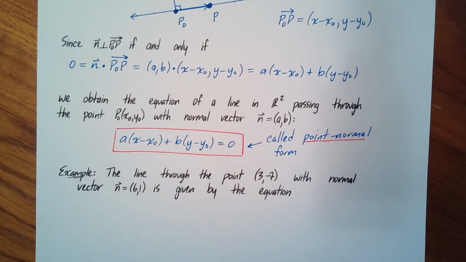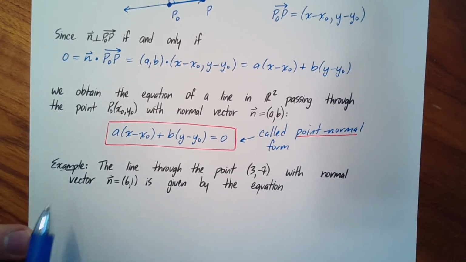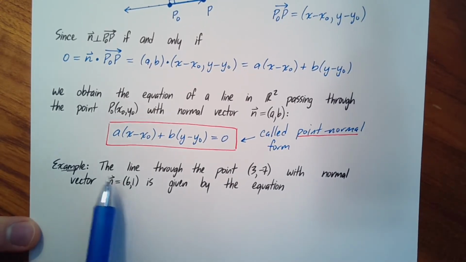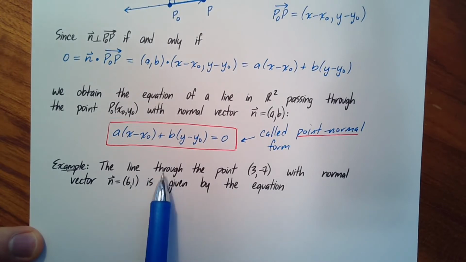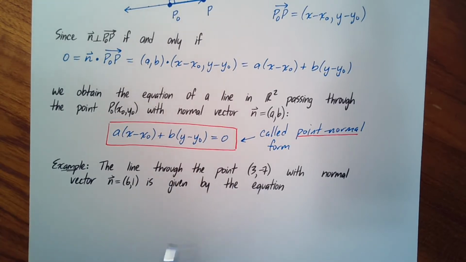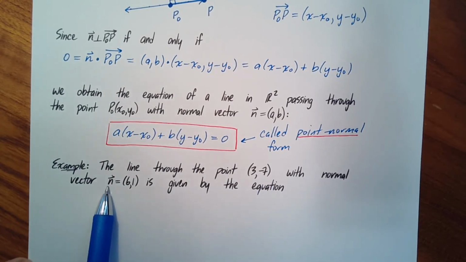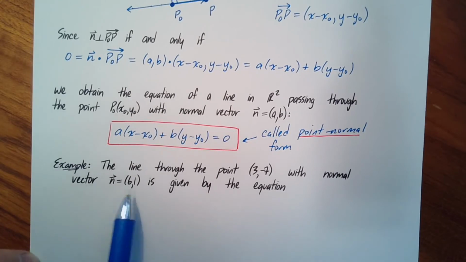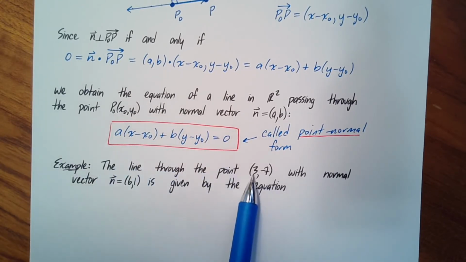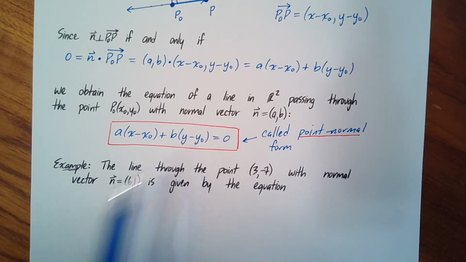Let's look at an example. In this example, we're told that the line through the point 3, negative 7. So here's your fixed point that's on the line. Think of this as your P naught. With normal vector n, which is given in coordinates as 6, 1, this is given by the equation. Well, just plug everything in, right? This point, 3, negative 7, plug these values in for x naught and y naught.